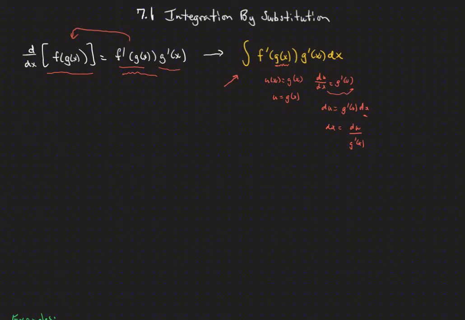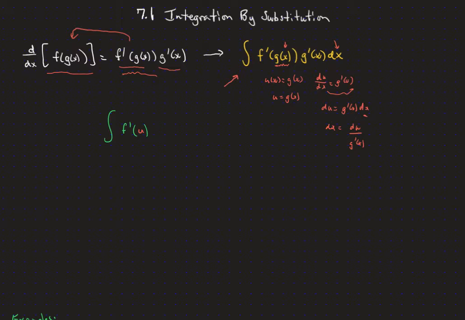So then we revisit our integral, and we're going to rewrite that. Instead of having x as the variable and dx as that differential, we're going to get our new integral, and we're going to call that f prime of, and then here's going to be our u. So we're going to replace the g of x by u, and let me change that color to a green color because I want you to see the u.